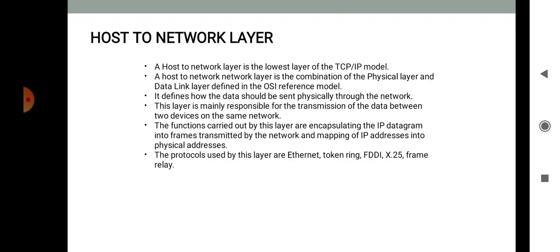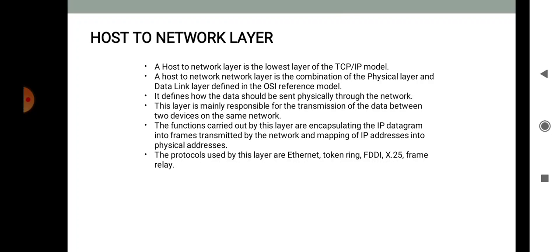What is the network medium? Such as coaxial cable, optical fibers, or twisted pair copper wires. The protocols included in the host to network layer are Ethernet, token ring, FDDI, X.25, frame relay, etc.